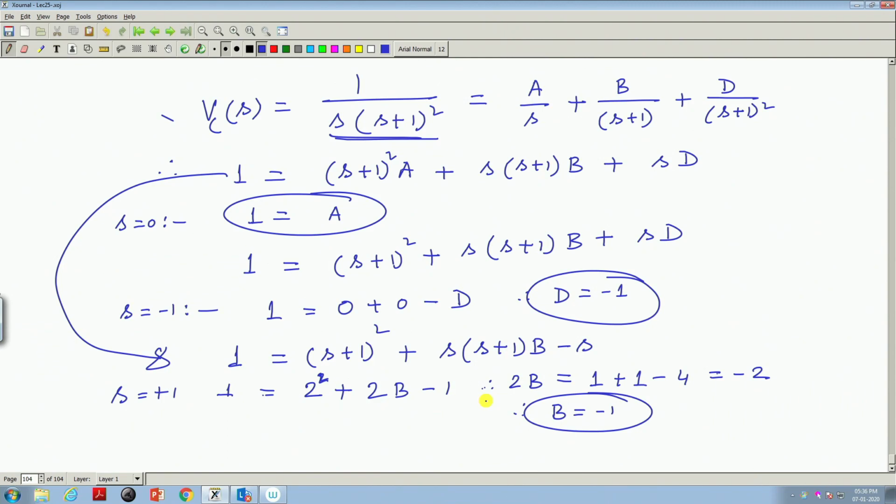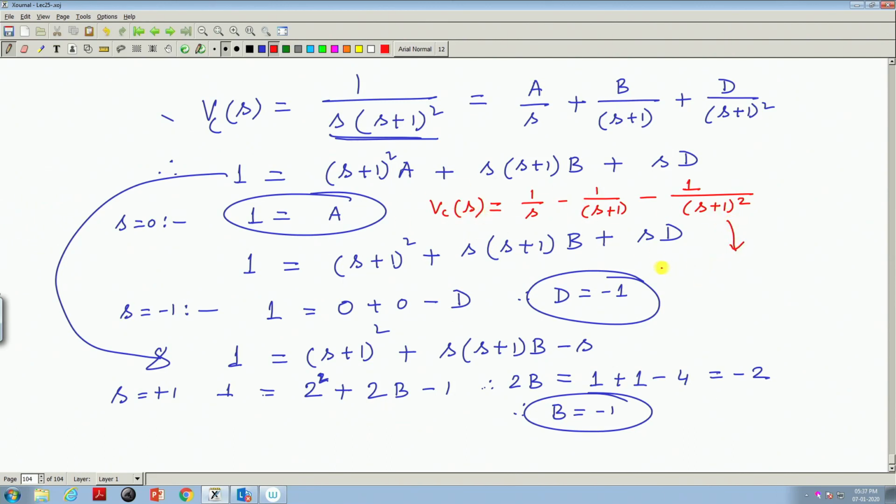If this is correctly obtained, then V_C(s) will become A = 1, 1 over s, B = minus 1, minus 1 by s plus 1, and plus D, D is also minus 1, minus 1 by (s+1)^2, is it not? This will be V_C(s).